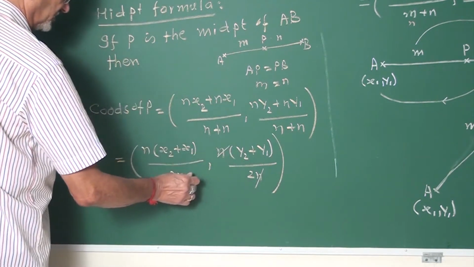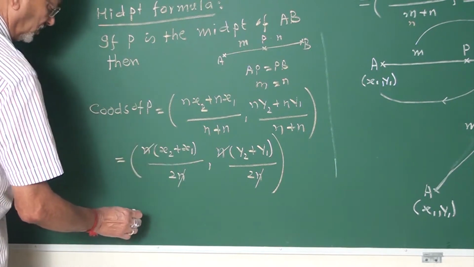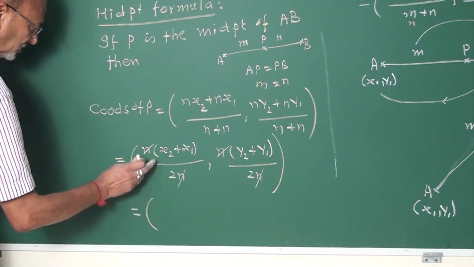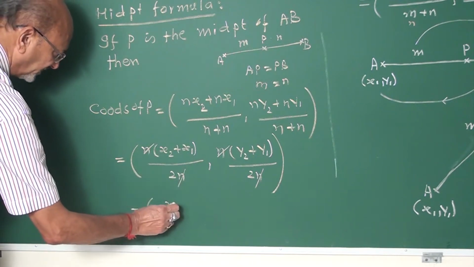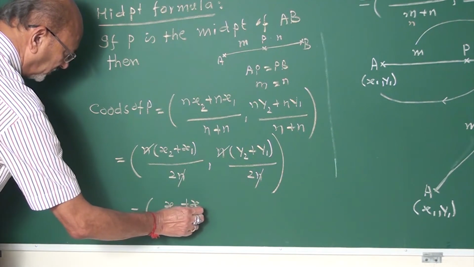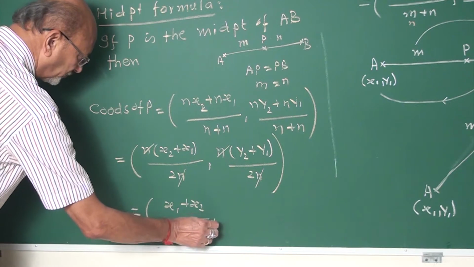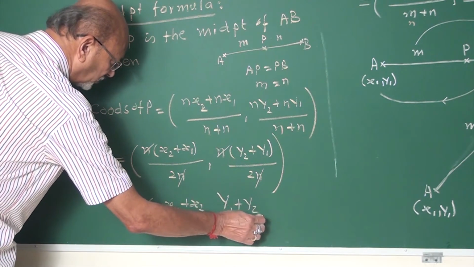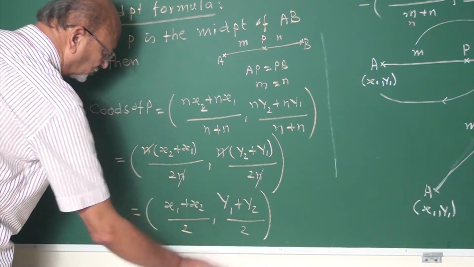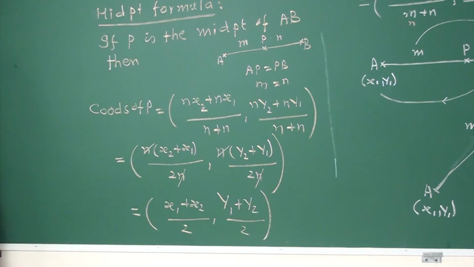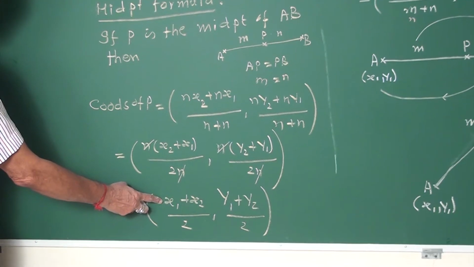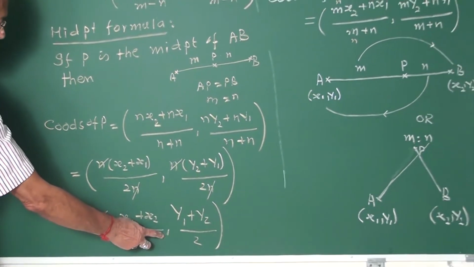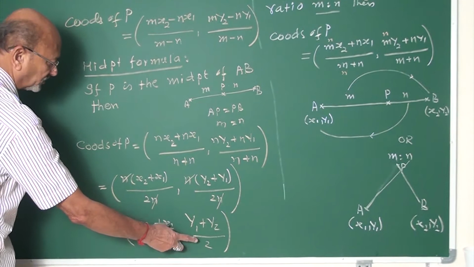Friend, n cancels, so you are left with x2 plus x1, which I write as x1 plus x2 upon 2, and y1 plus y2 upon 2. Therefore, what is the midpoint? The midpoint of a line joining the two points (x1, y1) and (x2, y2): add x coordinates divided by 2, comma, add y coordinates divided by 2.